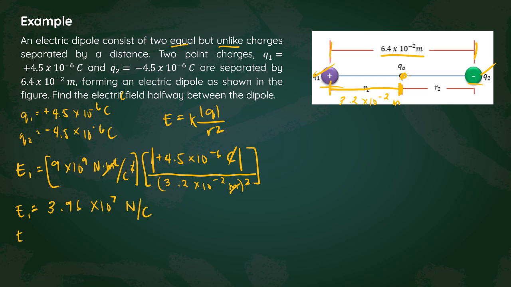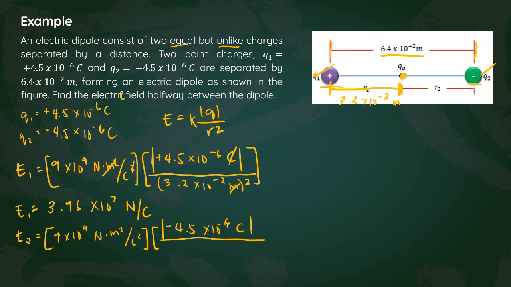And for E2, the electric field due to particle 2, that's 9 times 10 raised to 9 newton meter squared per coulomb squared times the absolute value of negative 4.5 times 10 raised to negative 6 coulombs over the same distance, because this is halfway between the positively and the negatively charged particle.